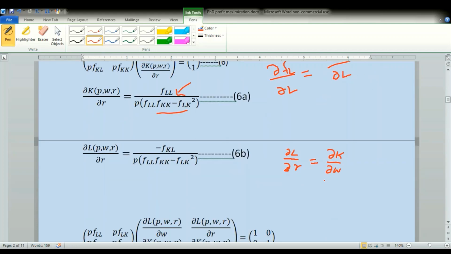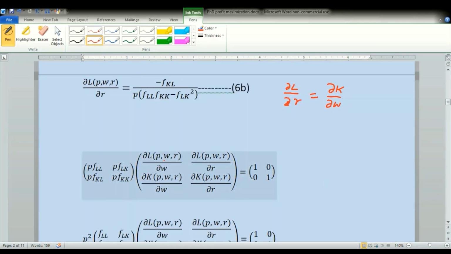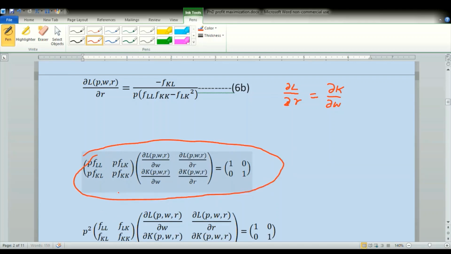Finally, note that I have combined the system of equation 5 and the system of equation 6 into one system. This is something that is common in both 5 and 6, and see that given this square matrix, in 5 we had this column vector, and in equation system 6 we had this column vector.